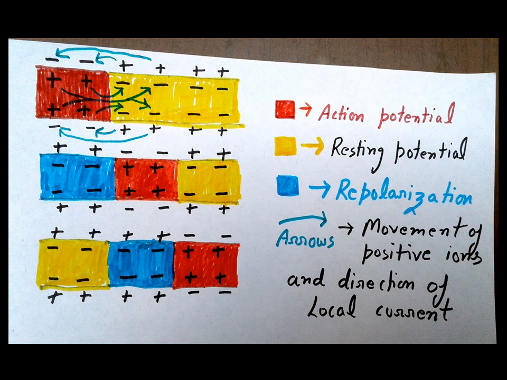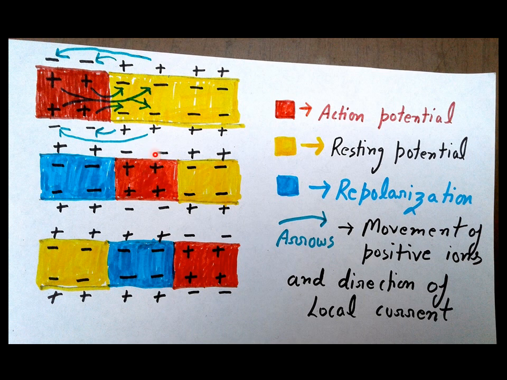The left side of the figure is showing the propagation of an action potential. At the site where the action potential is generated, positive ions on both sides of the membrane move toward more negatively charged ions, which creates a local current. This current depolarizes the neighboring area of the membrane in the forward direction, which opens the voltage-gated sodium channels and generates the action potential there.